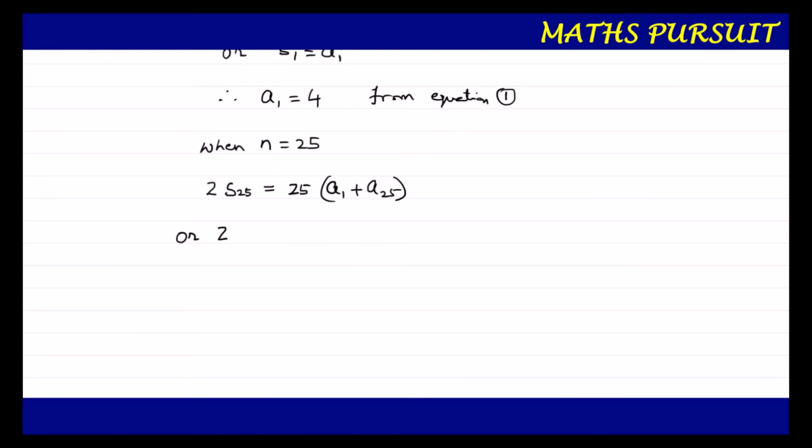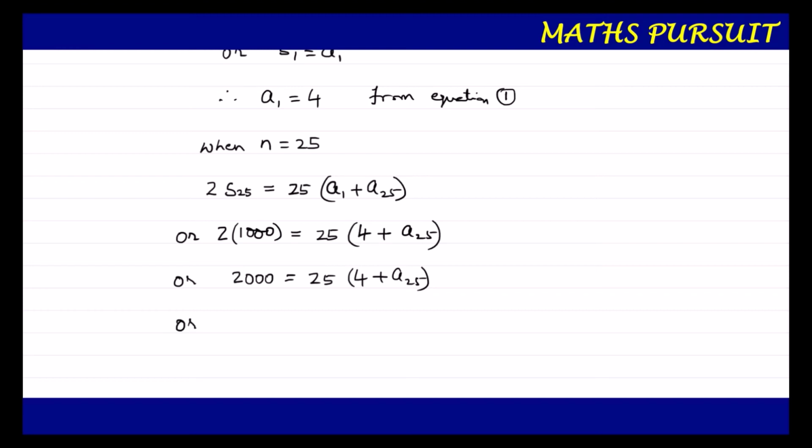Because we got the value of S25 as 1000, I can write 2000 is equal to 25 into (A1 plus A25). We know the value of A1 is 4, so 2000 is equal to 25 into (4 plus A25).